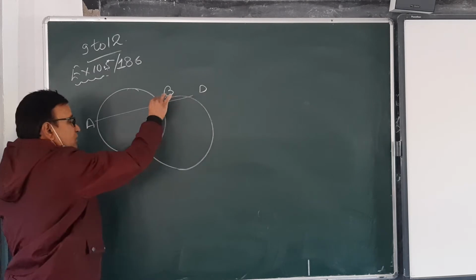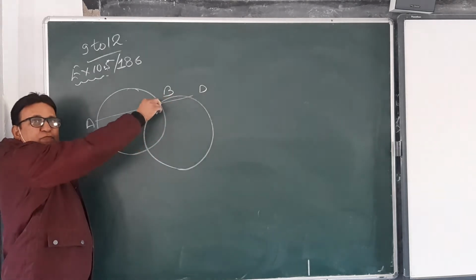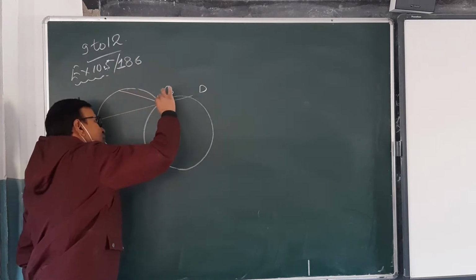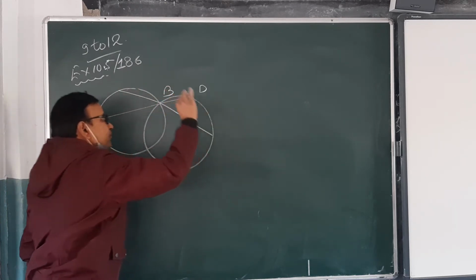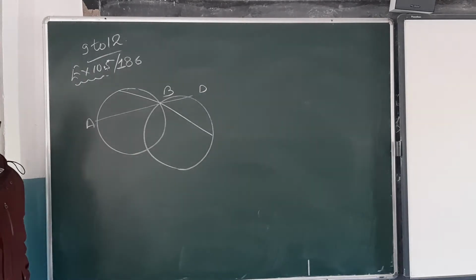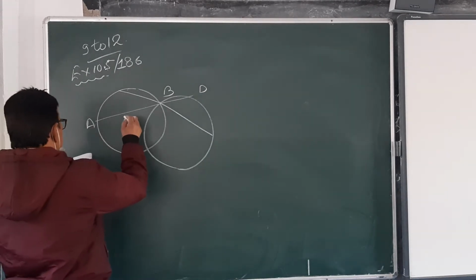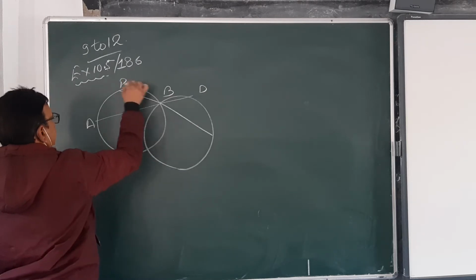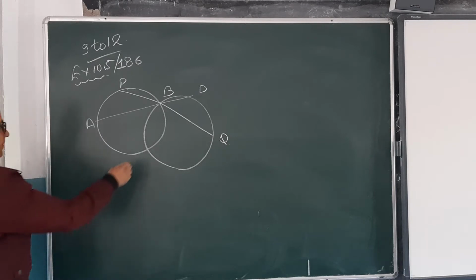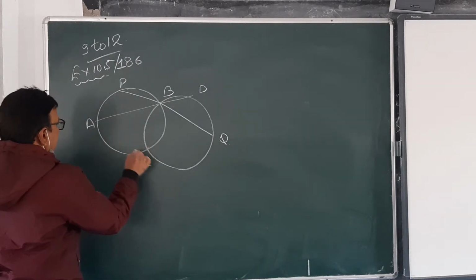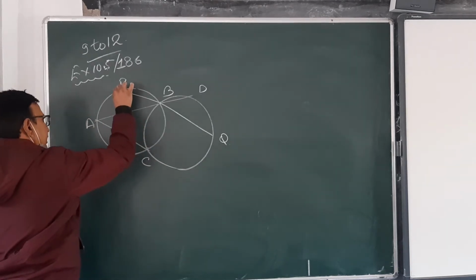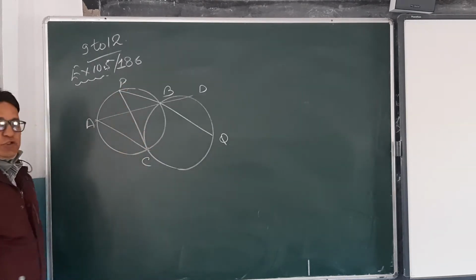Then again take this point and from this point draw another line passing through B anywhere. It must pass through B. Say this is P, B and Q. Now simply join this point, known as C, ACP: A to C and P to C. Join it.